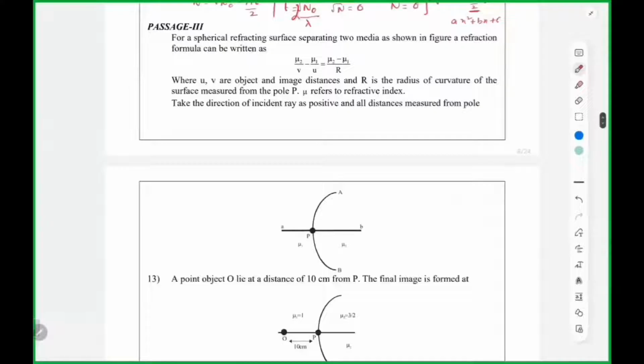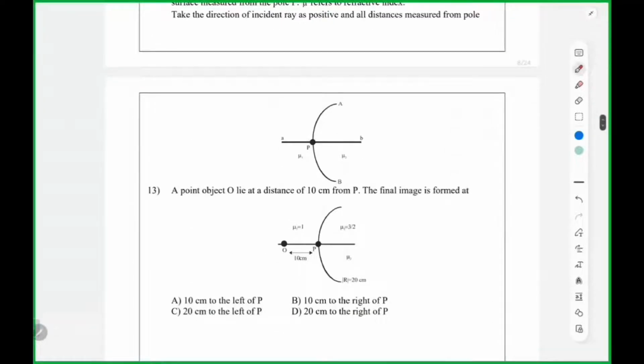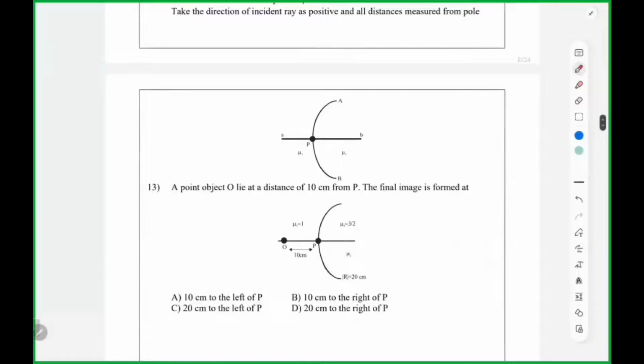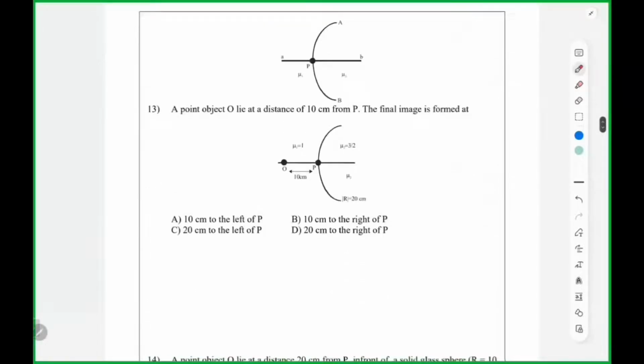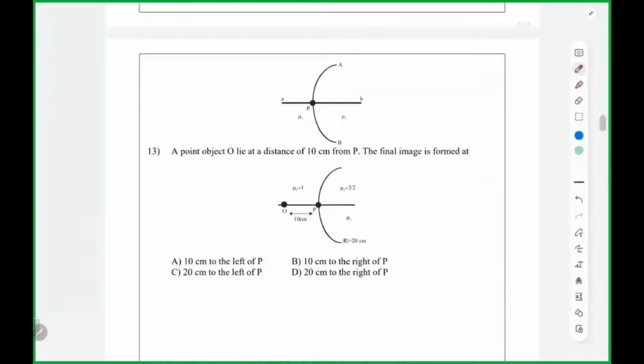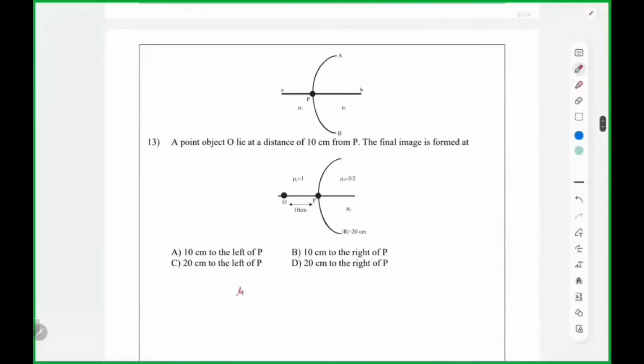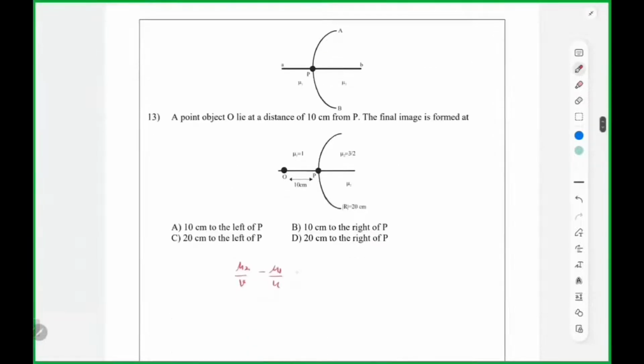For a spherical refracting surface separating two media, U and V are object and image distances. Some introduction here, refraction at curved surfaces. When the object is placed at O, the ray enters from rarer to denser, so the formula is mu2 by V minus mu1 by U is equal to mu2 minus mu1 by R. Here distances are measured from this point.